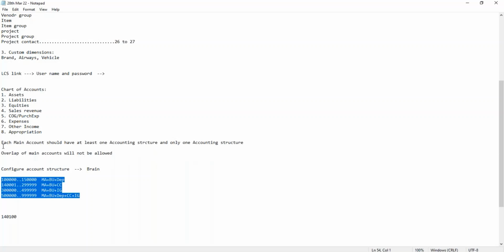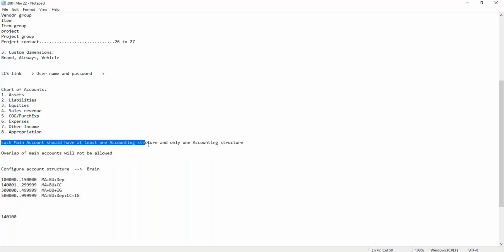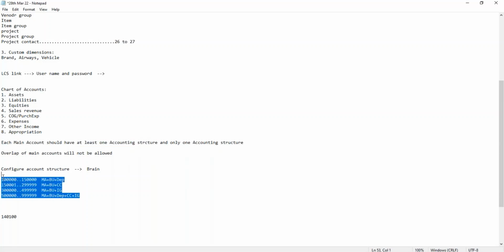That is the reason I told you each and every account should be in only one structure, and at least one structure. It is a must. So you need to define it like this, and the system will allow it.